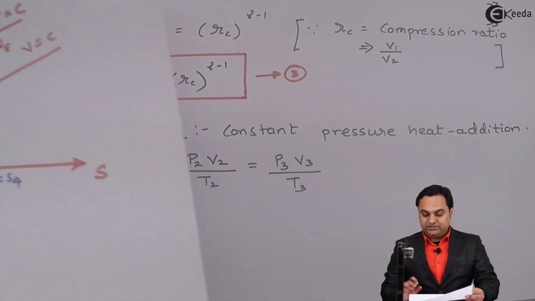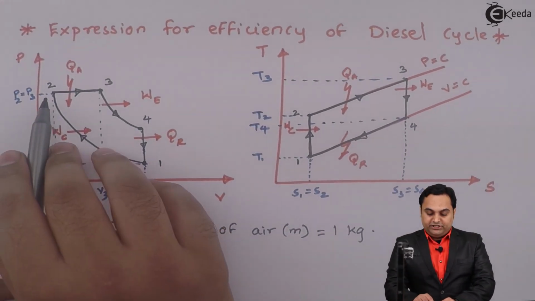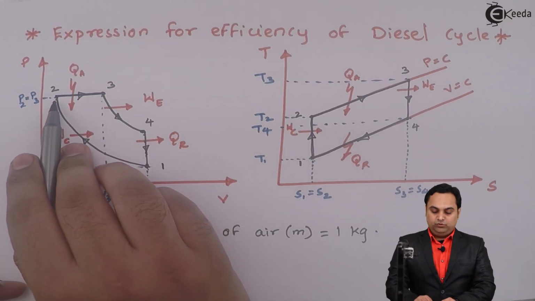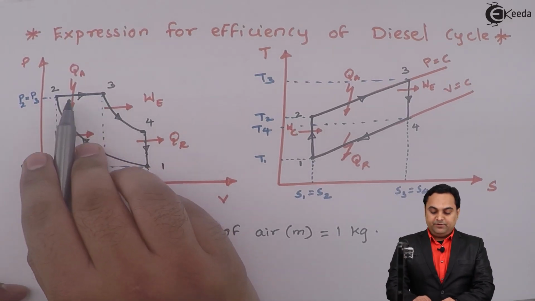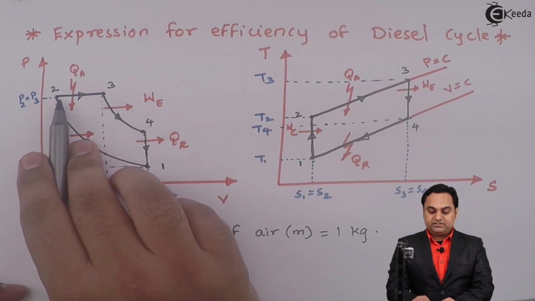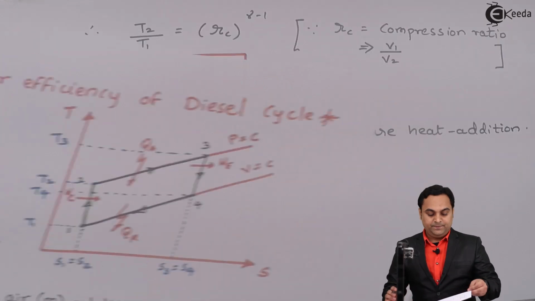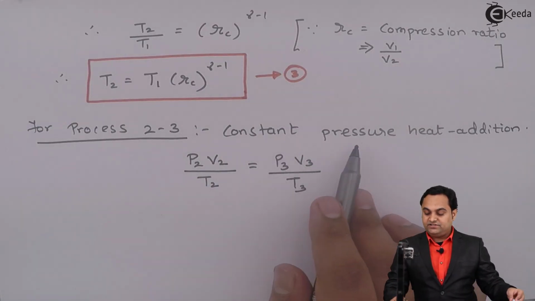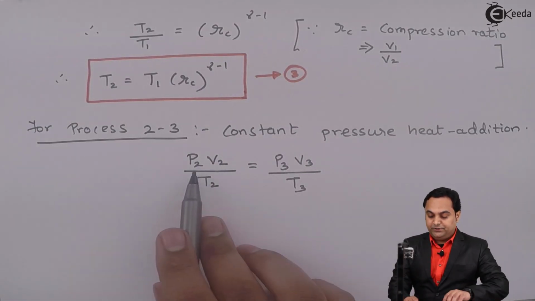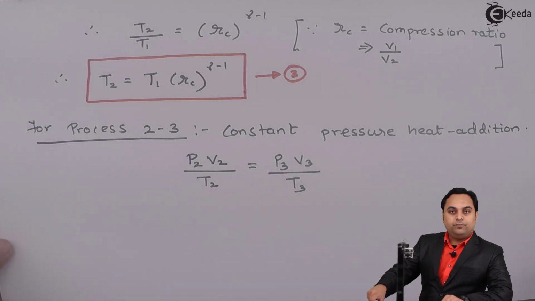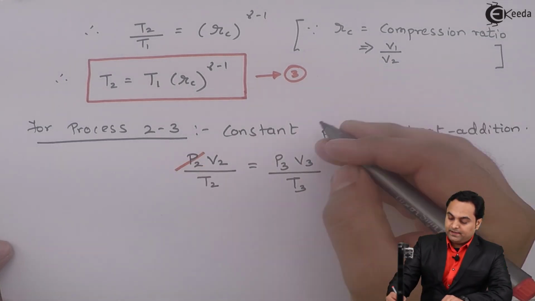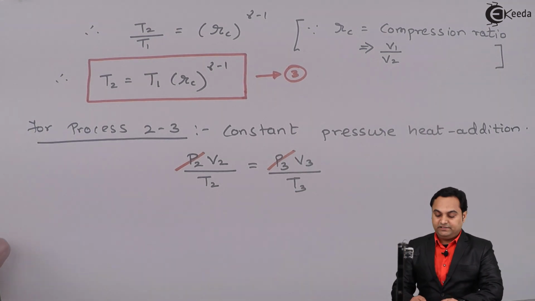Here for state number 2 I am writing P2V2 upon T2, for state 3 I am equating, because at both the states the total amount should remain same, so I am writing P3V3 upon T3. Now as we see, since it is a constant pressure process, P2 is equal to P3, so from both the sides P2 and P3 will get cancelled out.